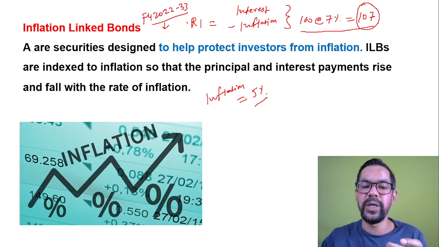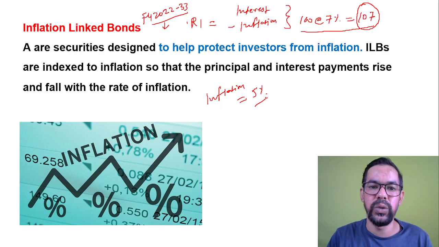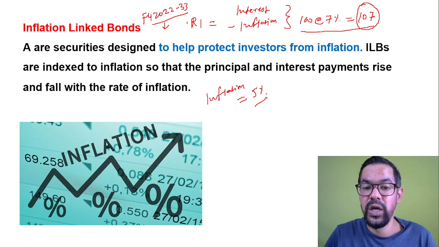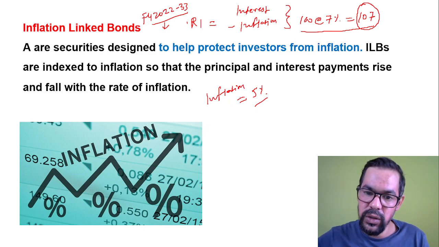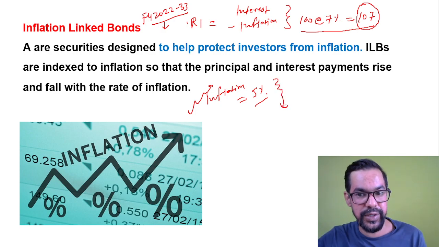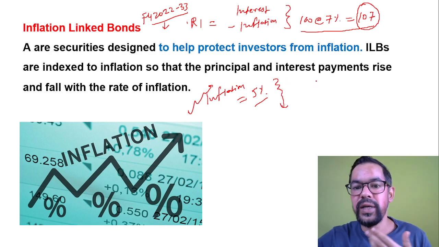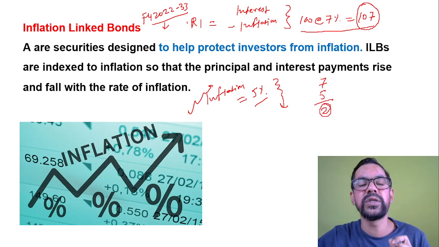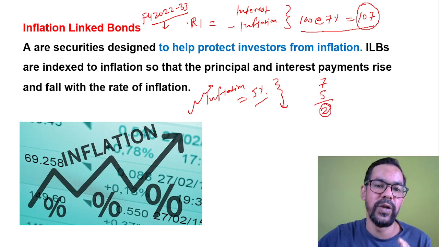Inflation grows by 5%, which means the value of our domestic currency will also decrease by 5%, right? So if you calculate real income, interest is 7% and inflation is 5%. Your real income is only 2 rupees from this particular investment.